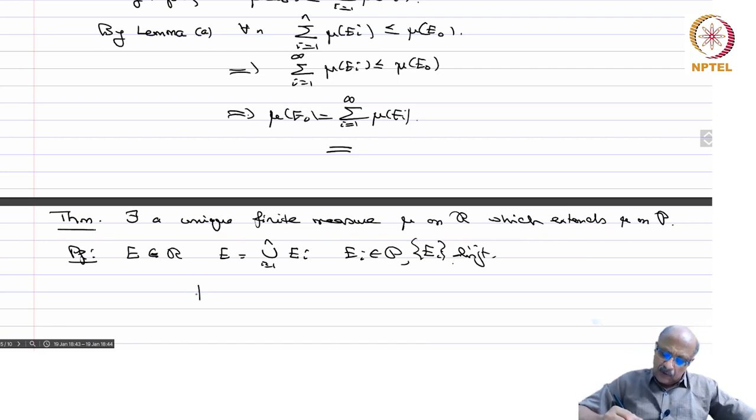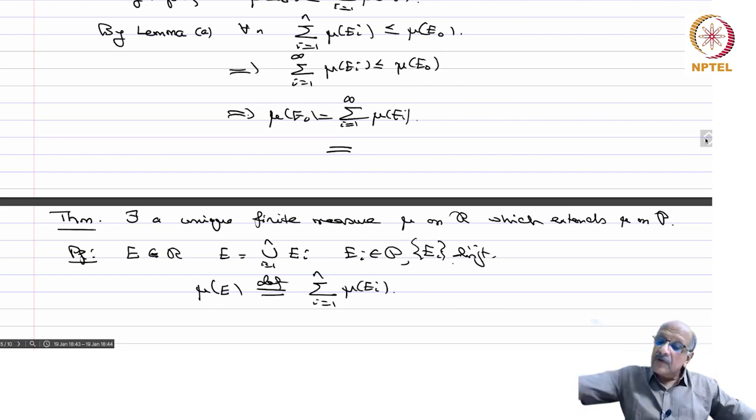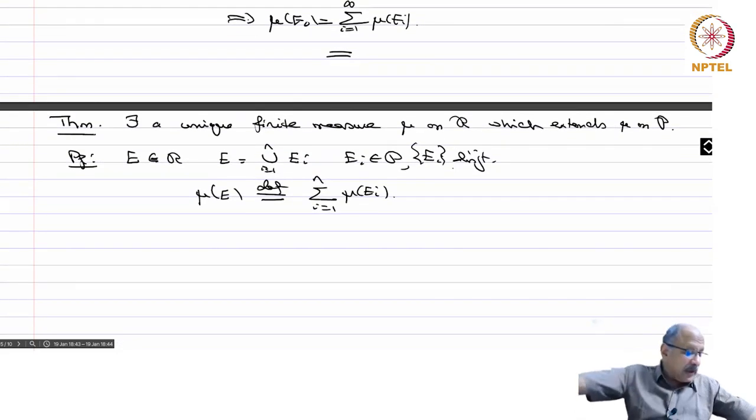So we are more or less forced to define mu of E equals, by definition, sigma i equals 1 to n of mu of Ei. Only we have to check that this is well defined because it may have a different decomposition.